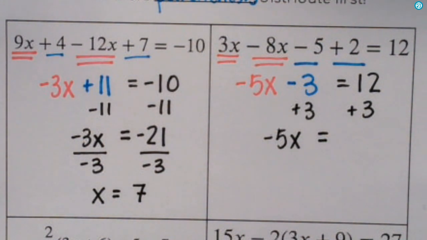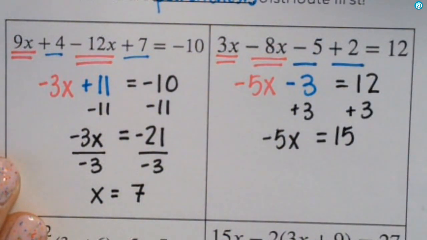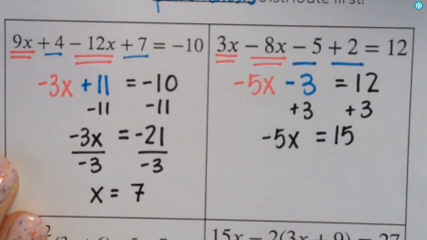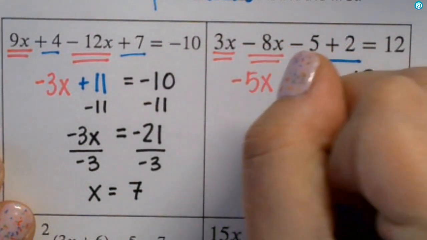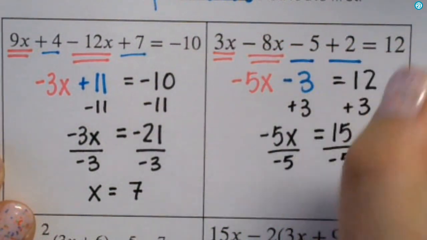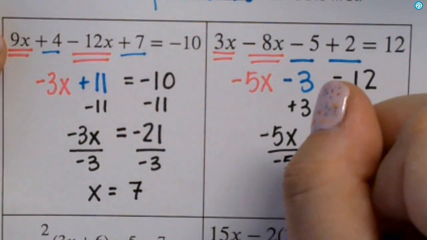On the right side, 12 plus 3 is 15. And then we divide both sides by -5, and we get x equals 15 divided by -5, which is -3.